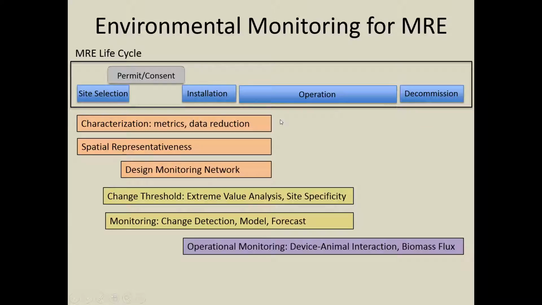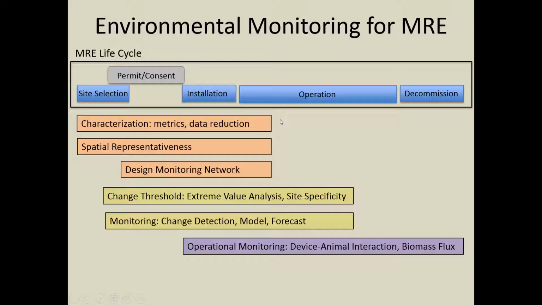So in these 3 steps, I'll break it down to first characterization, looking at specific metrics and data reduction. Then my English teacher will be rolling in his grave, but we're going to talk about spatial representativeness, a nasty monster. From that, though, it enables you to design a monitoring network. Now that we've got our network set, we can look at what we'll use as threshold to monitor change.